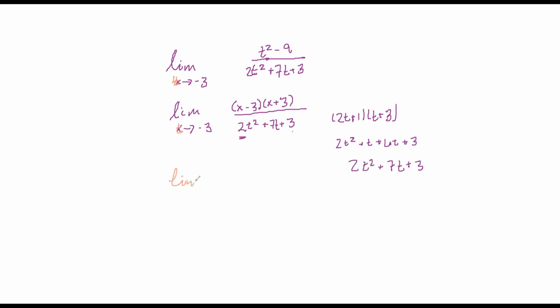So now we have the limit as t goes to -3, and we're going to have t minus 3, and then t plus 3. Here is 2t plus 1, t plus 3. These are going to cancel out.